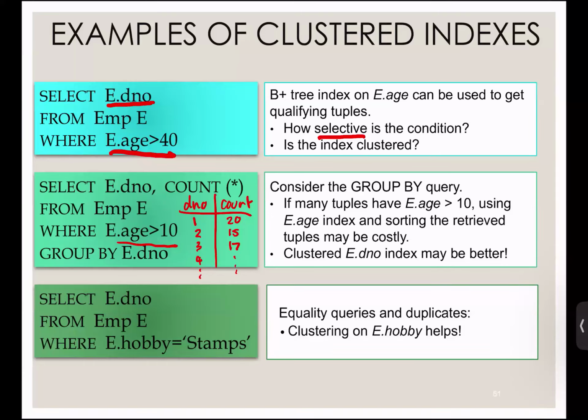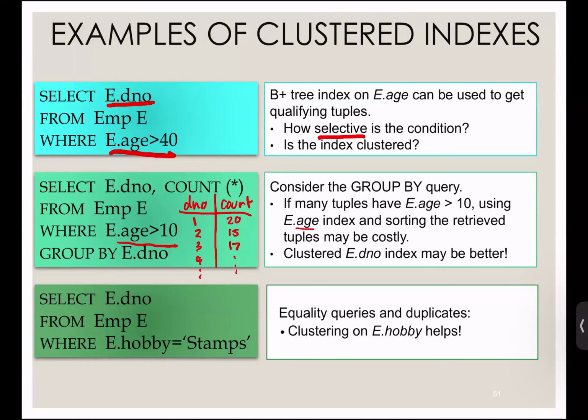Okay, so here, if I have age as index, would that help? No, it's not helping at all. Think about if I order everybody by age, starting from a lower age, like 20, 30, 40, whatever, and then I group by DNO.